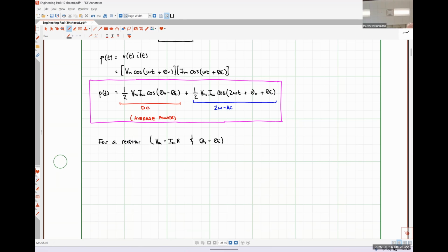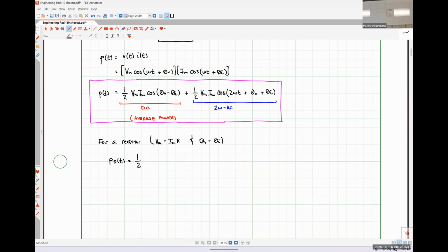So using these known relationships, we could say that the instantaneous power absorbed by a resistor as a function of time is actually just going to be a factor of 1/2, and let's put everything in terms of voltage first, okay? So my VM term is just going to be my VM term.